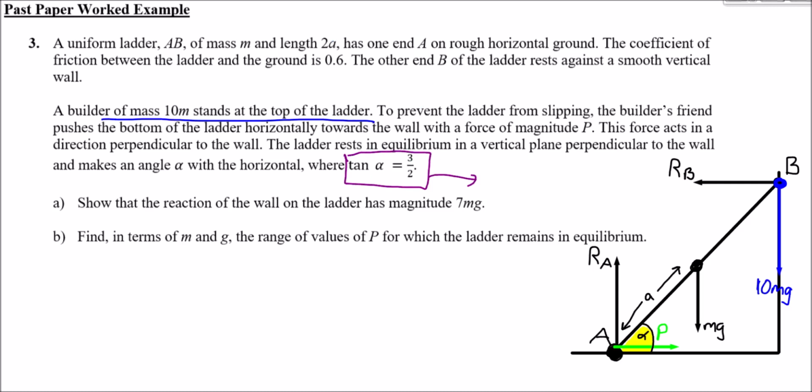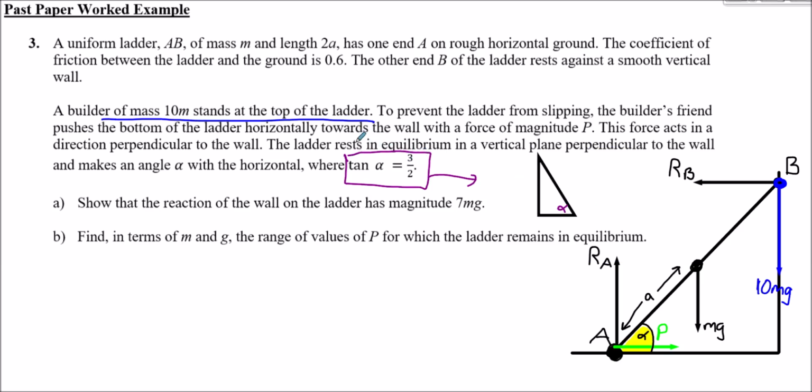So if we imagine now a right-angled triangle, get it a bit better, there we go. So if we've got alpha, call it alpha there. Tan is always opposite divided by adjacent.